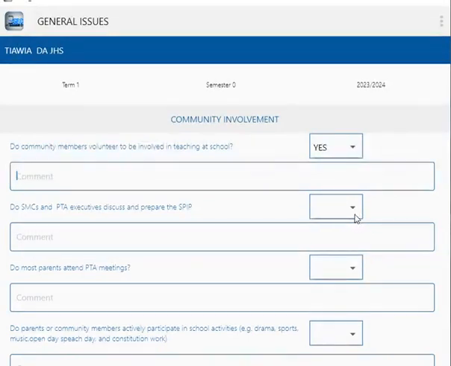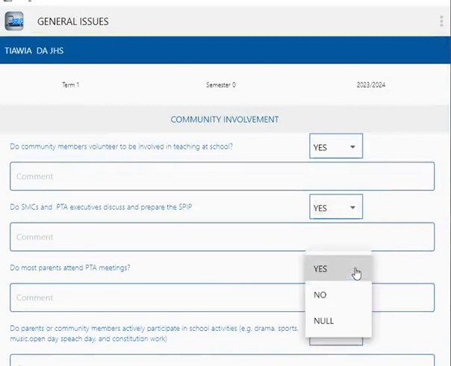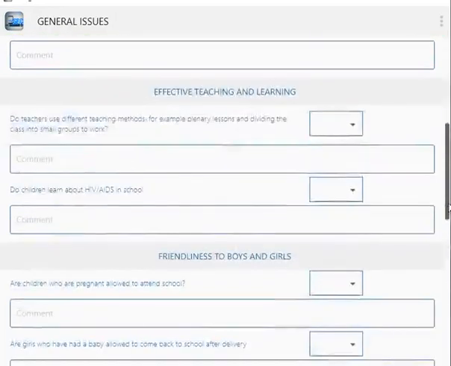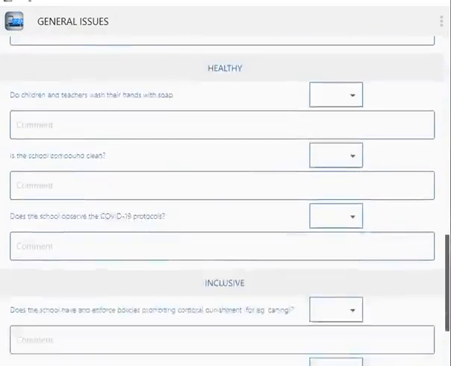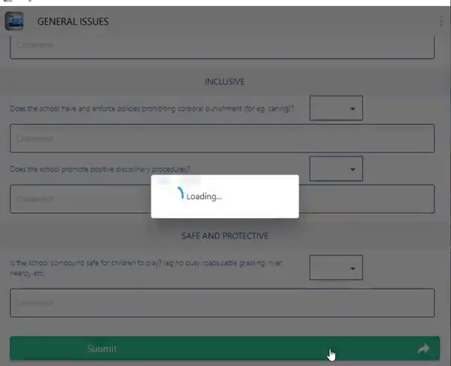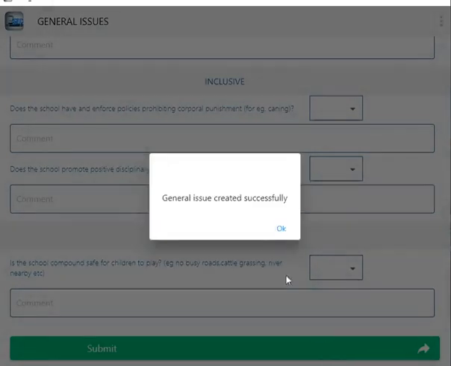The SMC and PTA executives discuss and prepare the script. As indicated on the template, you continue to provide all the information appropriate for effective teaching and learning in the school. When you are done, click on submit, but make sure that you fill all the entries.